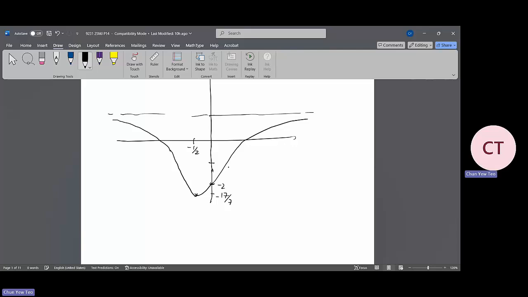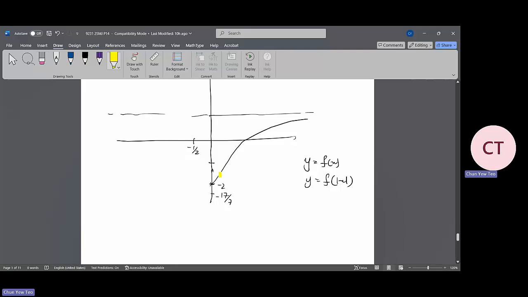This is the original graph, y equals f(x). If you want to sketch the graph of f with modulus inside the function, then this part of the graph will be gone. This part of the graph needs to be erased away.